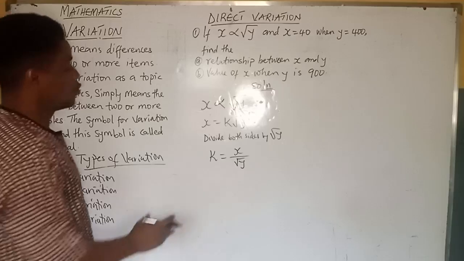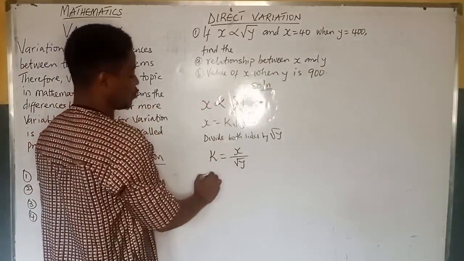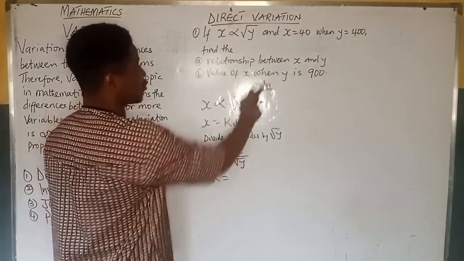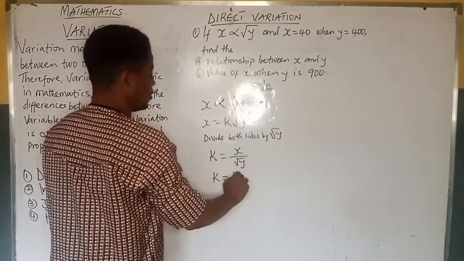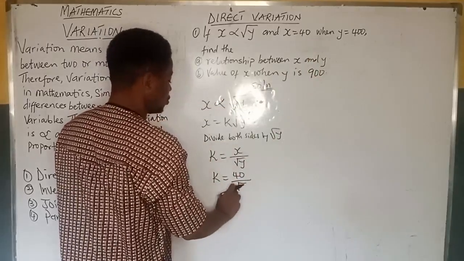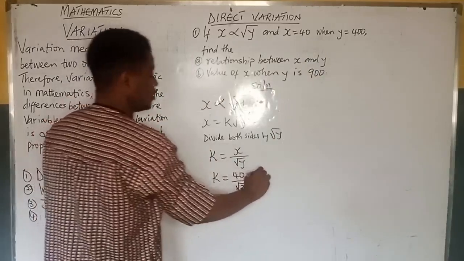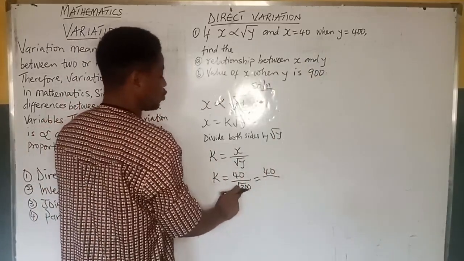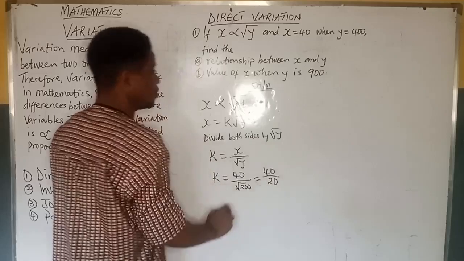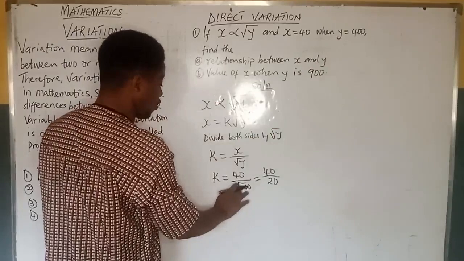Alright? So substitute the values given in the equation. From here, k will be equal to x, which is 40, over root y, that is root 400. Sorry, y is 400.